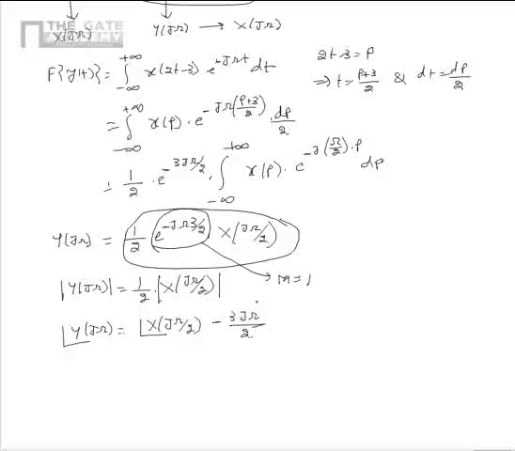This is because e^{-j3ω/2} has a phase of minus 3ω/2. So because of which the phase of Y(jω) can be written as the phase of X(jω/2) minus 3ω/2.